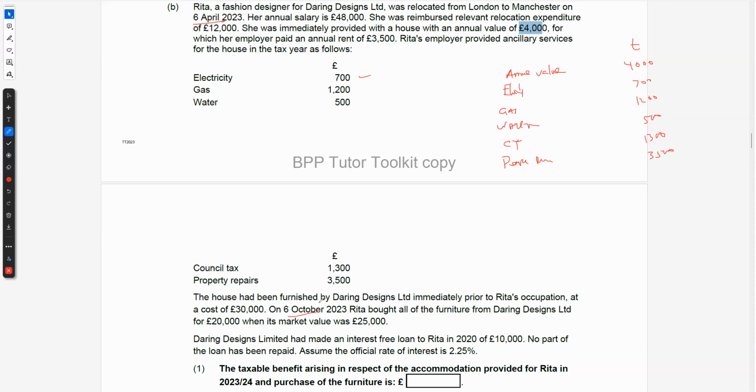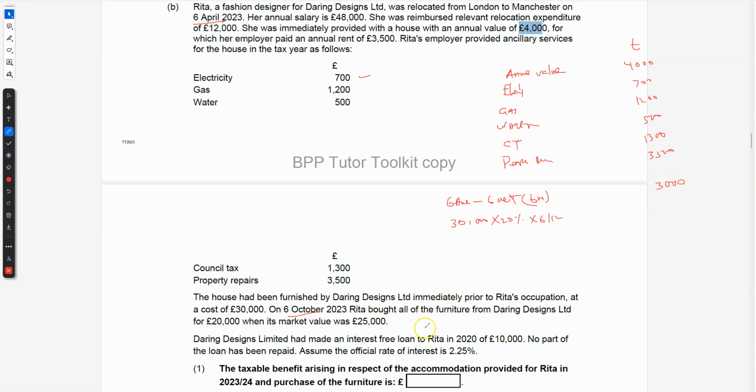So we need to calculate the 6 months, from 6 April to 6th of October, 6 months she used the furniture. So the cost was 30,000 and the benefit is fixed, always 20%, multiplied by 6 divided by 12 for 6 months. So that will be 3,000.